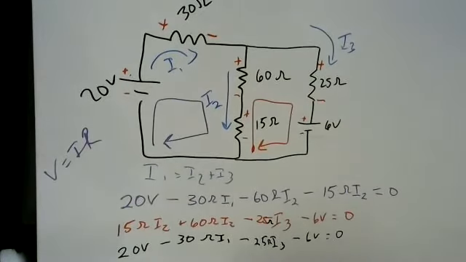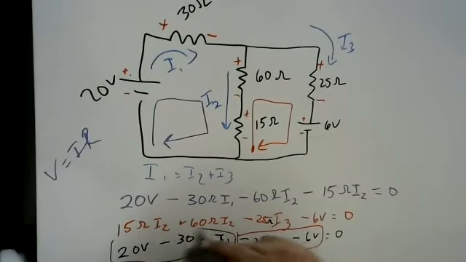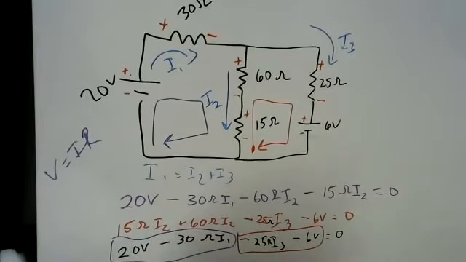And if I'm careful, I'll go back and I'll show you that these terms here match the two terms above it in the red equation. And these terms match the terms above it in the purple equation.